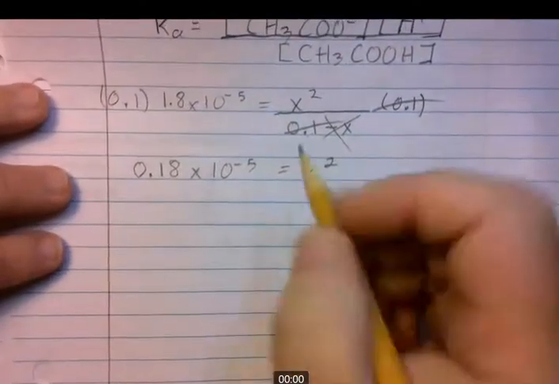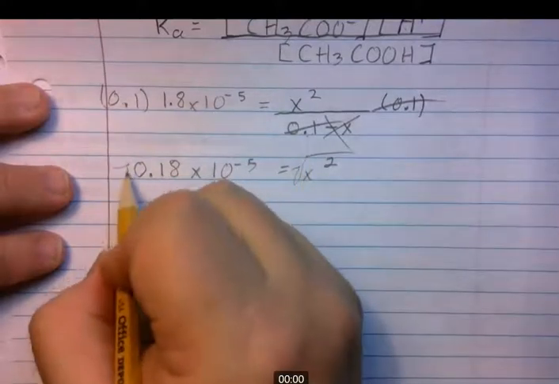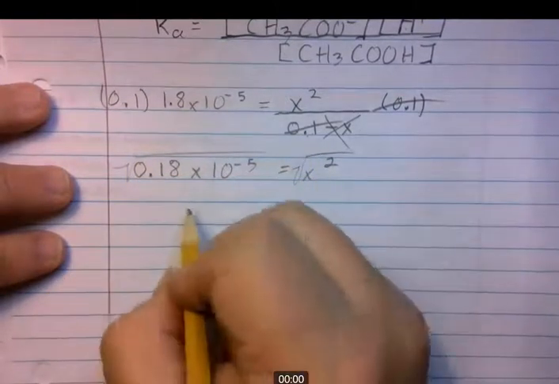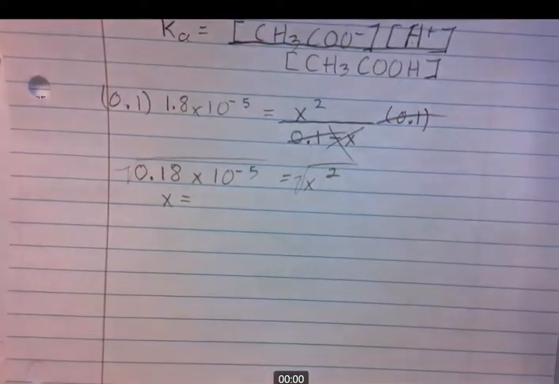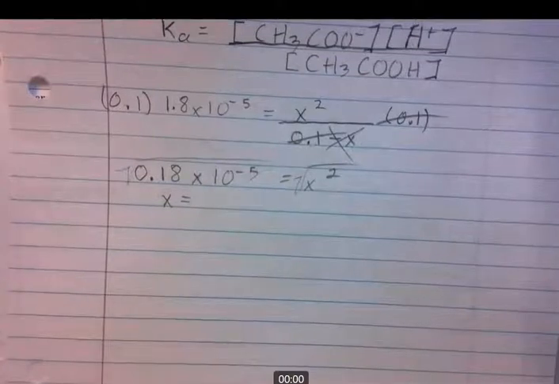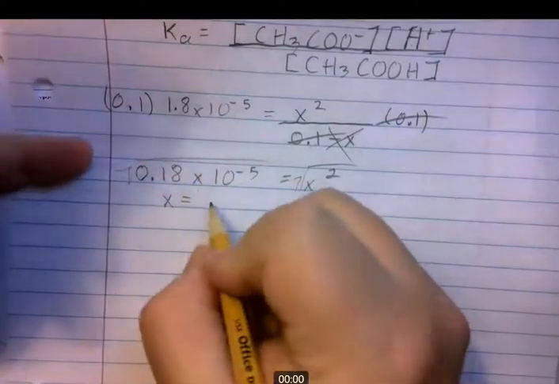Then you take the square root of both sides, and you end up with x equals the square root of 0.18 times 10 to the negative 5, and it gives you this.